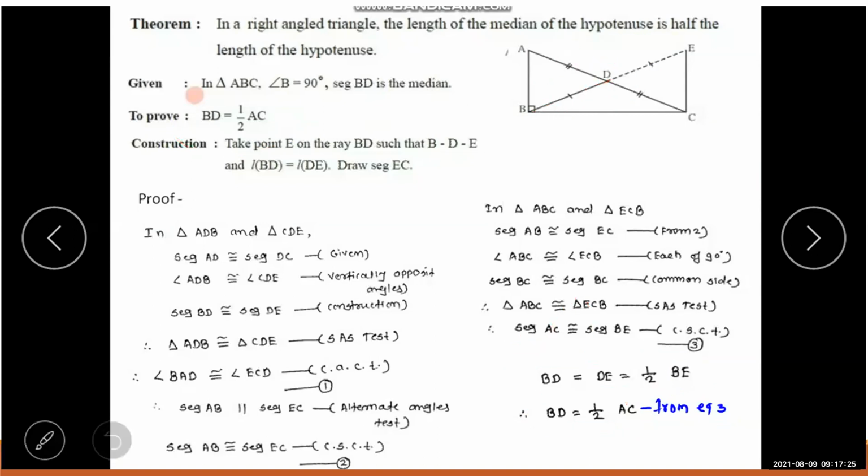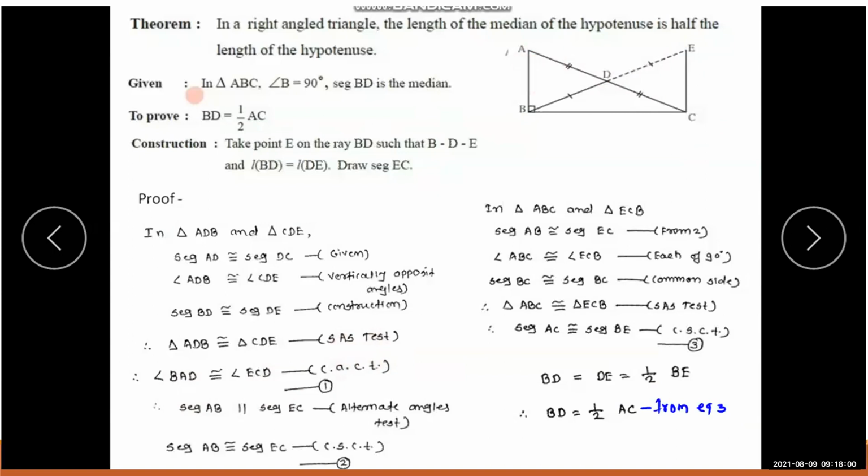Simple. What you have to show? In the proof, you first take the pair of triangles ABD and ECD. Show them congruent to each other, and by SAS test you can show it. As the triangles are congruent, their angles, angle A and angle C, are also congruent.